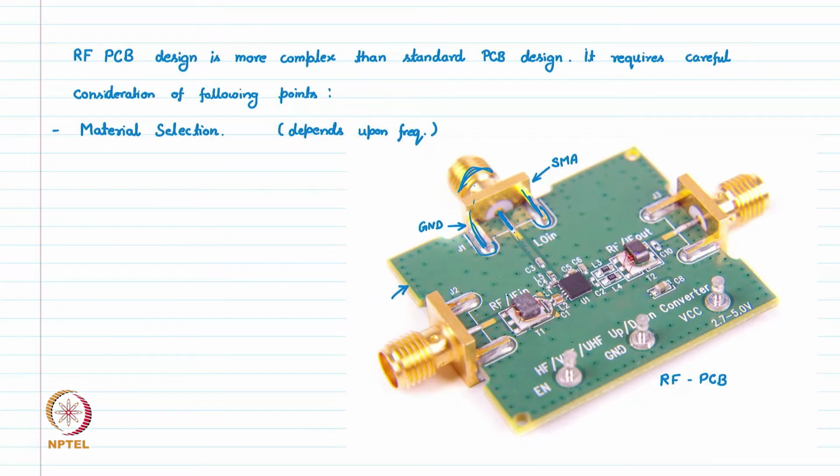However, the cost is also associated. If we want to purchase a very high frequency substrate, the cost is very high. So sometimes we need to balance between the cost and the loss we can incorporate. So the material selection is often the first point in RF PCB design.